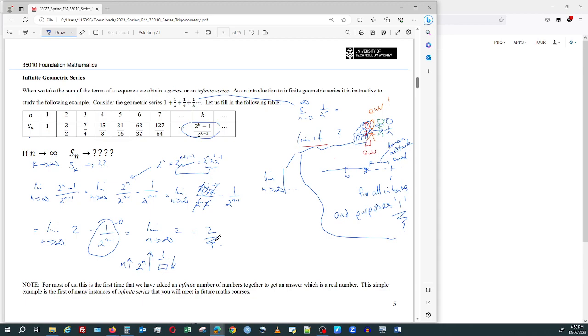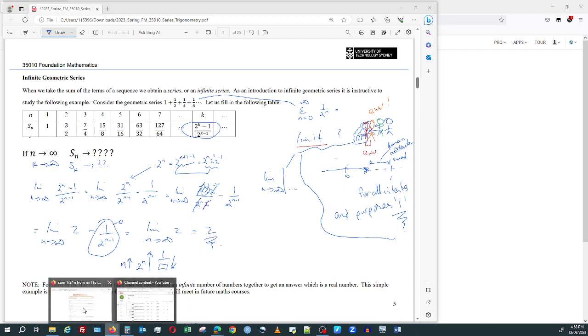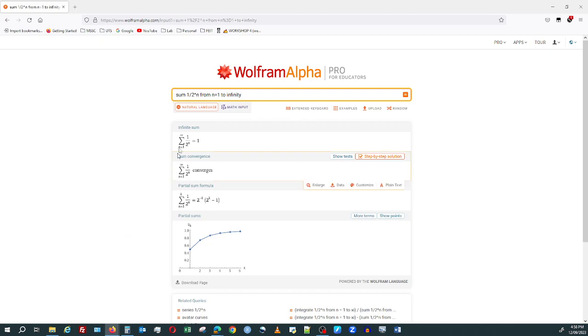So we can do the limit idea with Wolfram Alpha as well. Why not just quickly show that? This might be the Wolfram video. So what do we have?